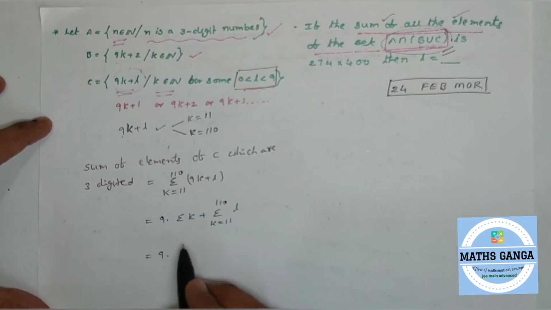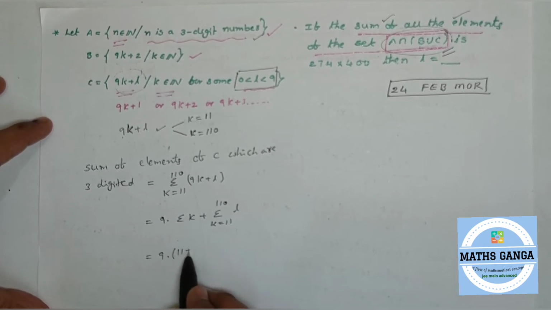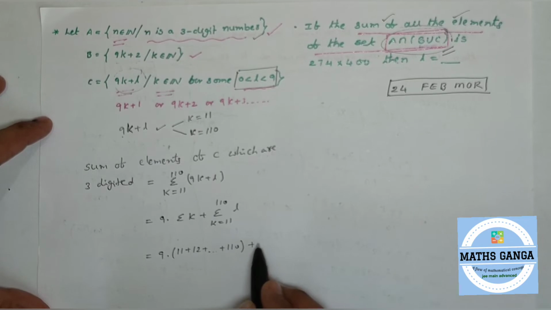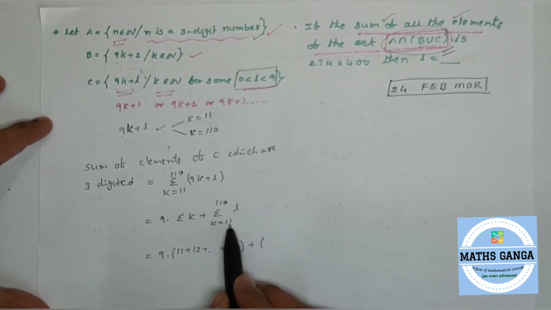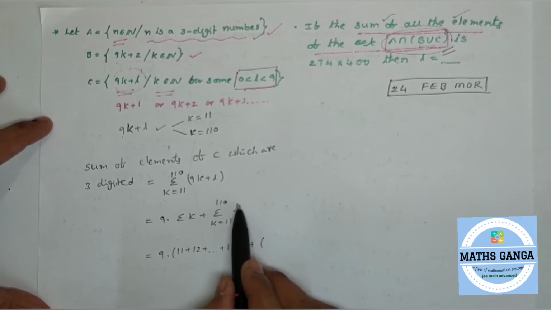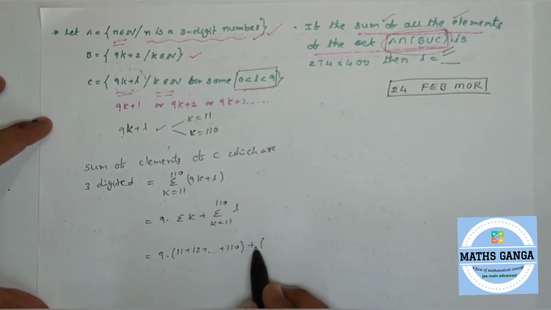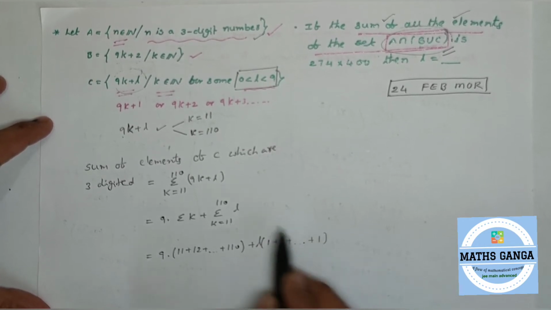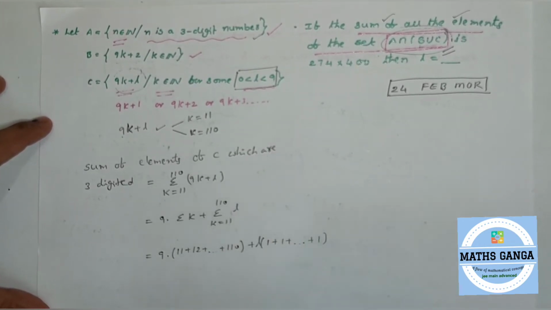Since I picked out 9, here I need to mention 11 plus 12 plus and so on plus 110, plus here sigma running from 11 to 110 of L. If you pick out that L, you need to mention 1 plus 1 plus 1 plus 1, because this L is independent of k.